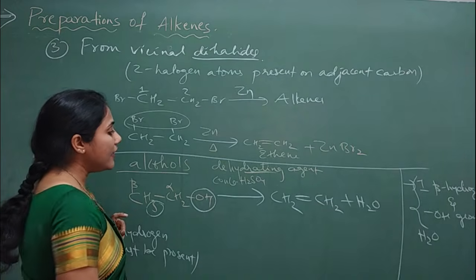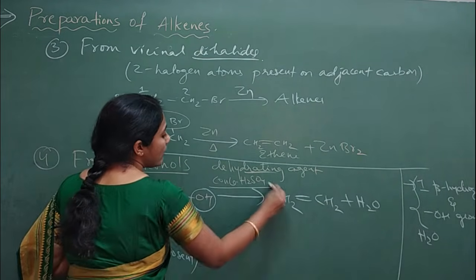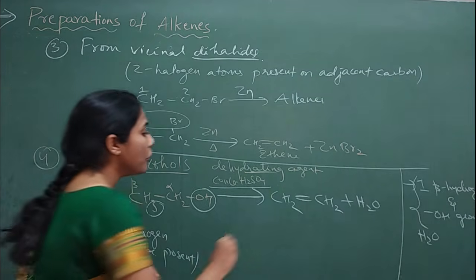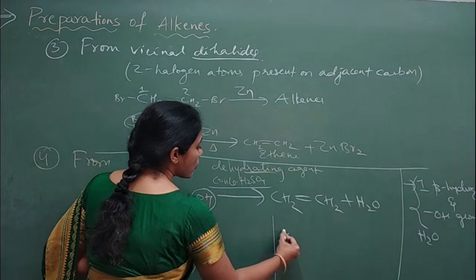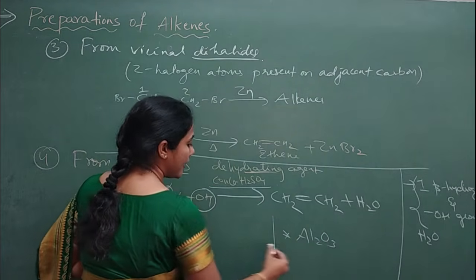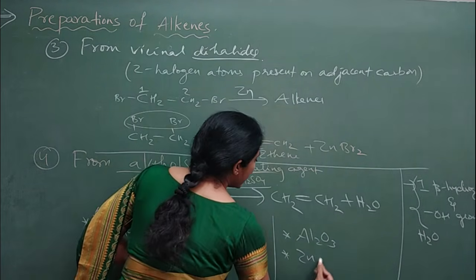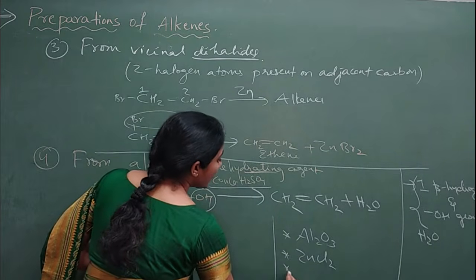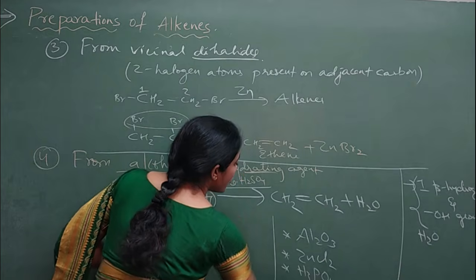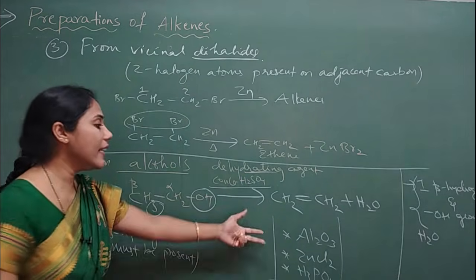Another thing is, it is not always concentrated sulfuric acid that acts as the dehydrating agent. You have other dehydrating agents also, like alumina, Al2O3. Then you can use ZnCl2, or you can also use phosphoric acid, H3PO4. All these can act as dehydrating agents.